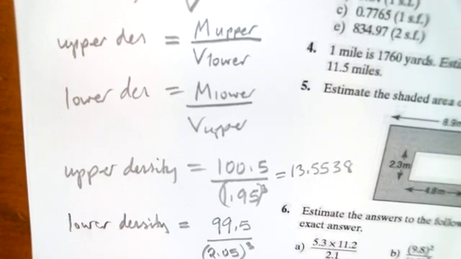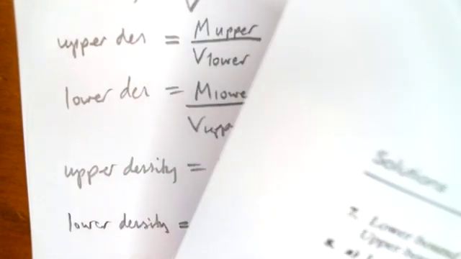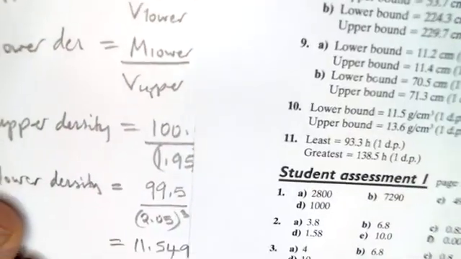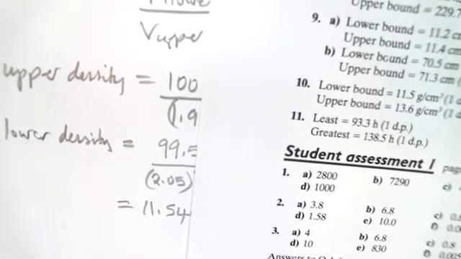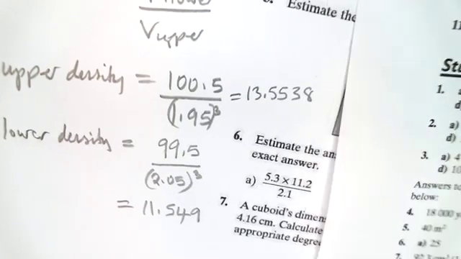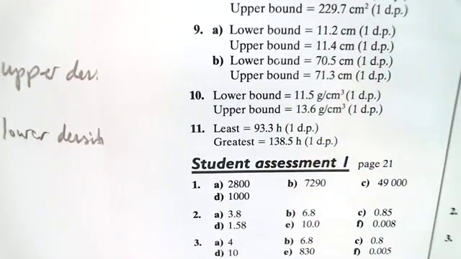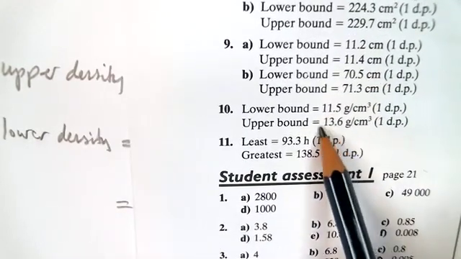All right. So what we're wanting here now, let's have a look. I've actually got the answers. I pulled the answers out here. Oh, that's right. I'm going to put the units as well. Trust me. So first of all, we get the numbers right. The upper density here is 13.5538. What did they get? Upper is 13.6.